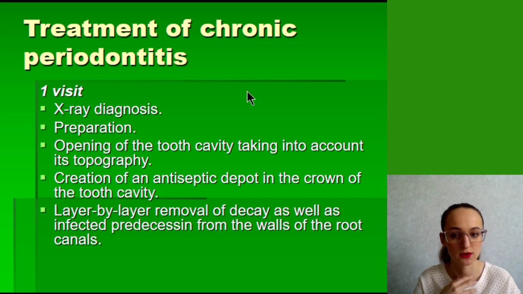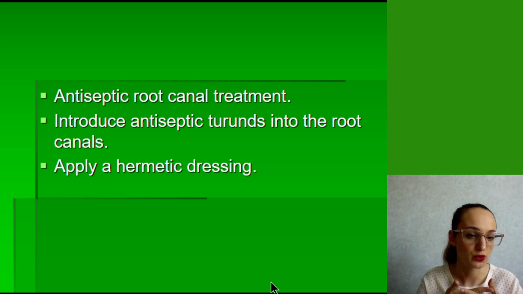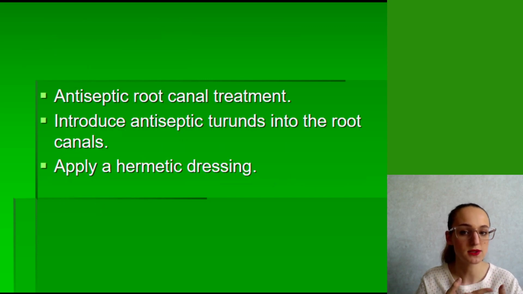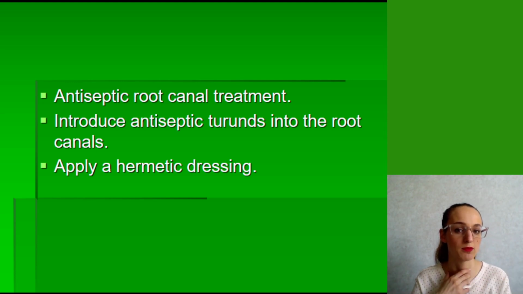This is very necessary because in permanent teeth we have a very big amount of infected dentin in the root canals. Antiseptic root canal treatment: introduce antiseptic turundas or points into the root canals and apply a hermetic filling.